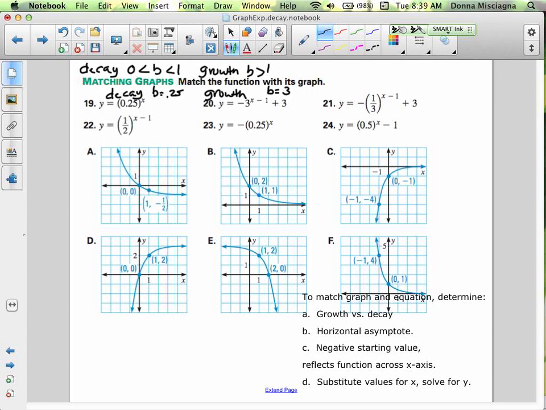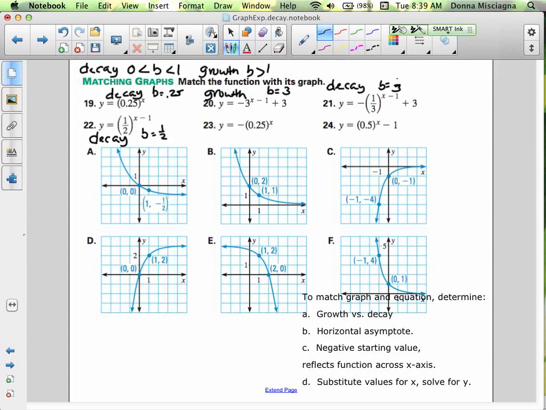How about negative 1/3 x minus 1 plus 3, growth or decay? That is decay. And our base here is 1/3. How about y equals 1/2 to the x minus 1 power? Decay. And our base here is 1/2.